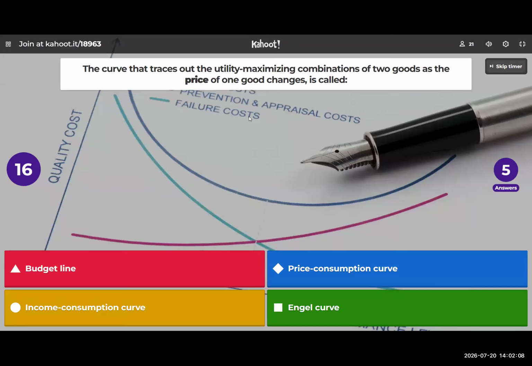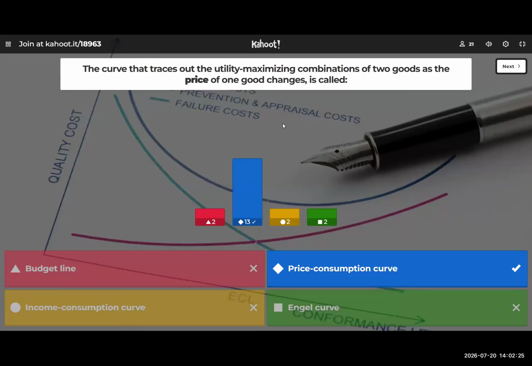The curve that traces out utility maximizer combinations of two goods as the price of one good changes is called the price consumption curve. Why still the budget line?